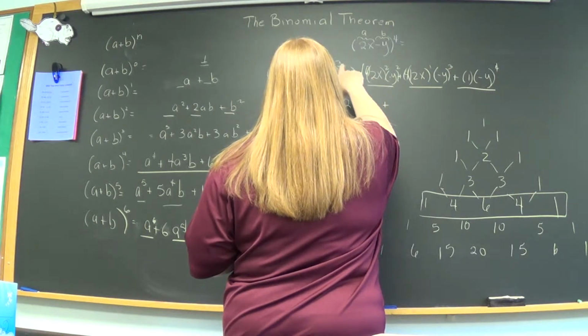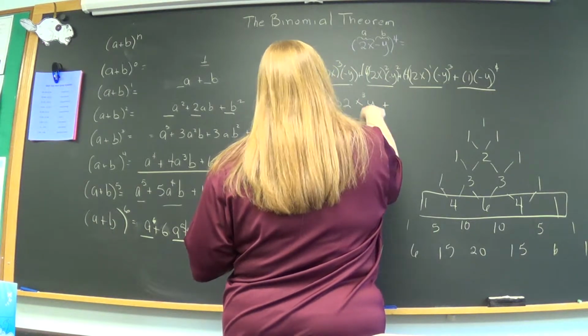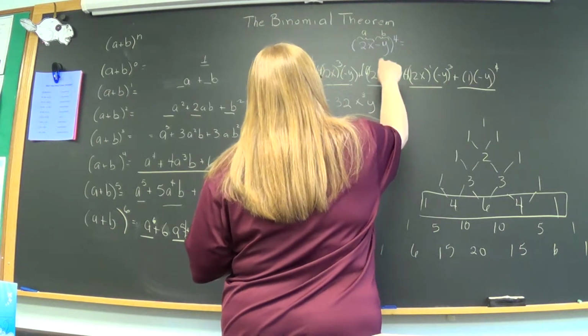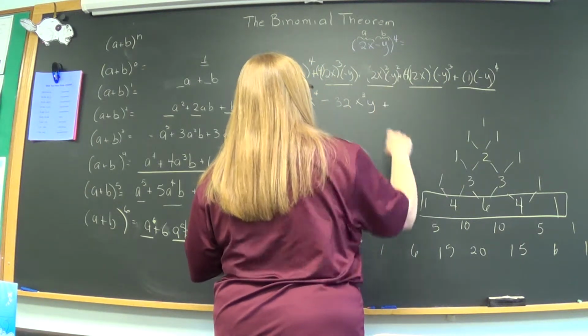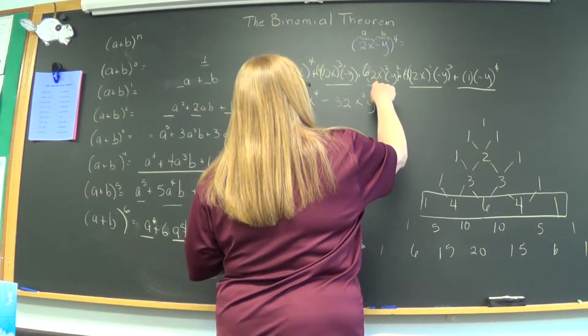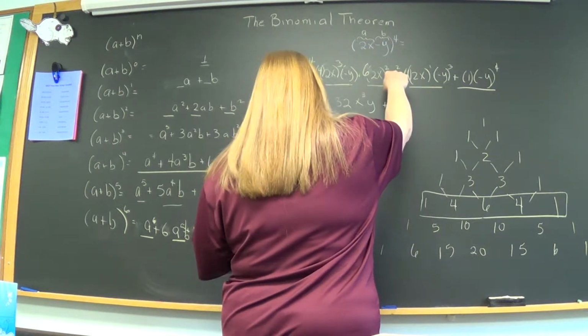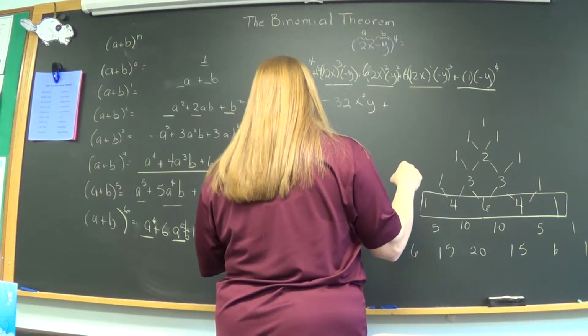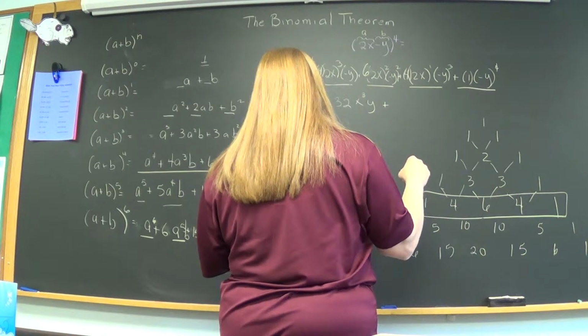Let's see what I did. 8 times 4, 32 is correct. And this number, did I get it correct? No, that's what I was wrong. From Pascal's triangle, this number was a 6. So, sorry about that. So 2 squared is 4. 4 times 6 is going to be 24.